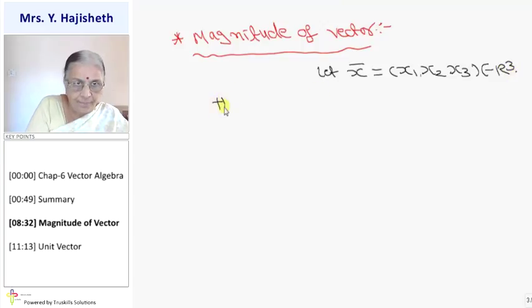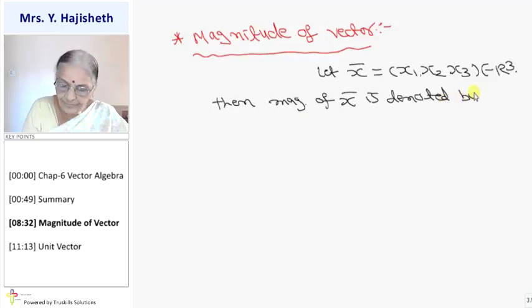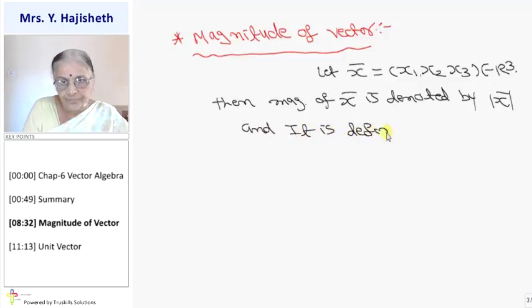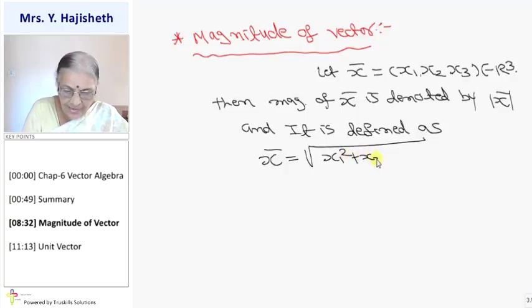Then the magnitude of vector x is denoted by mod x, and it is defined as mod x equals under root x1 square plus x2 square plus x3 square.